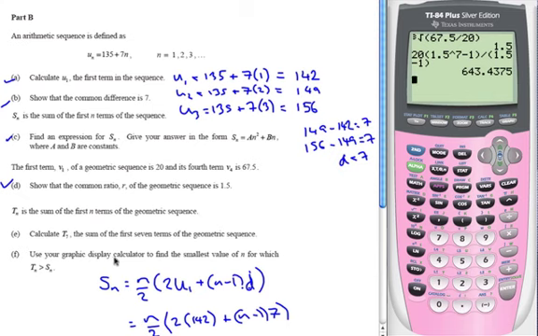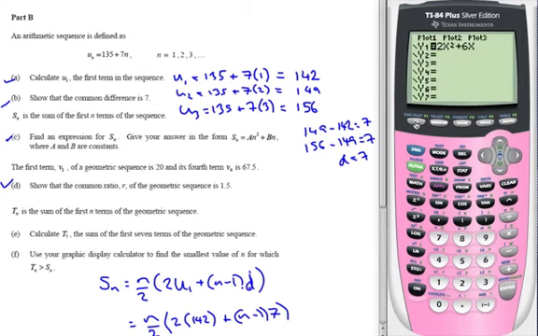Use your GDC to find the smallest value of n for which the geometric sequence is bigger than the arithmetic sequence. Alright, so we're going to have a look at these sequences in the tables.